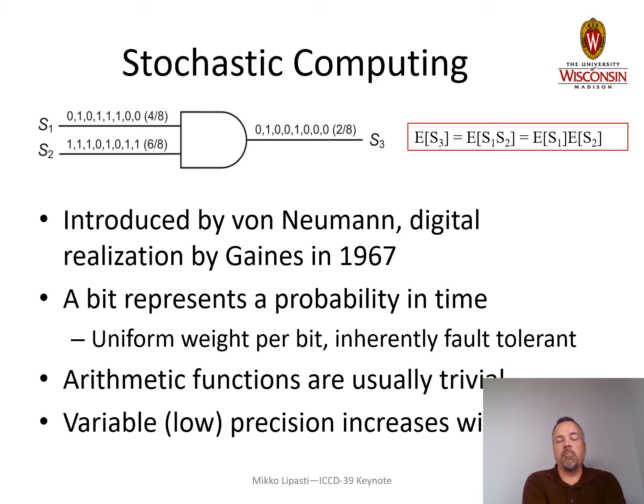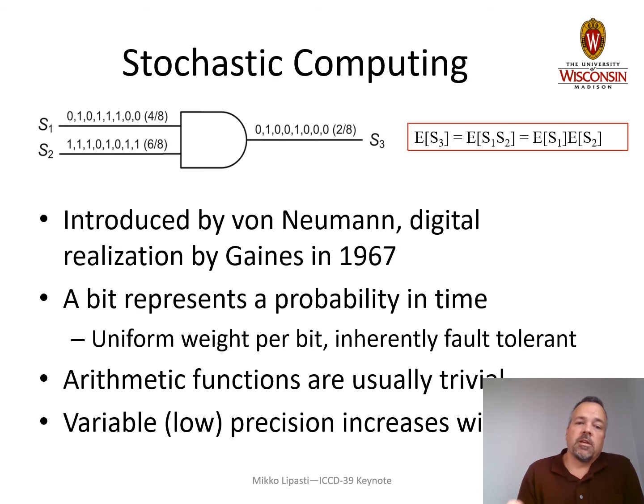We could implement multiplication with a simple AND gate by simply ANDing each of those bits in time, and then considering the stream of bits coming out the other side as the answer. And you see that you get an answer that is pretty close to the correct answer. In fact, over time, the more bits you stream through here, as long as they're properly randomized, you converge on an answer that very closely matches the expectation.